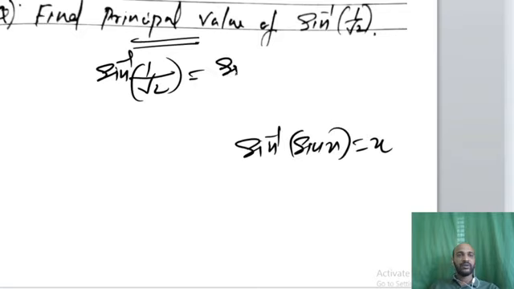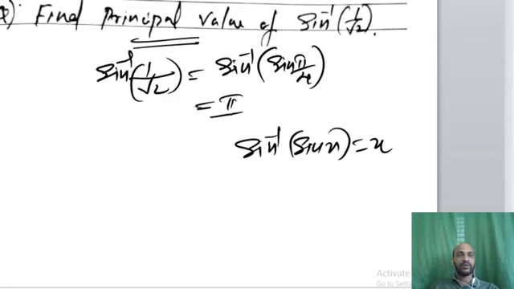How can we express 1 by root 2? 1 by root 2 is sine pi by 4. This value equals pi by 4, because pi by 4 clearly belongs to the interval minus pi by 2 to pi by 2.